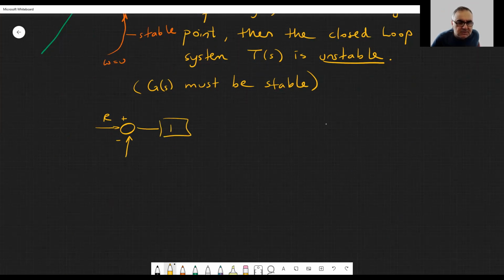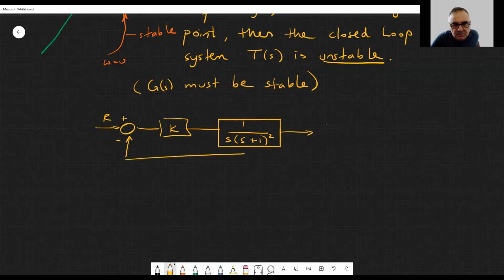The controller is simply a K. This is G. This is Y. So our L is K over S times S plus 1 squared. Okay, L of S. That's right, L of S.